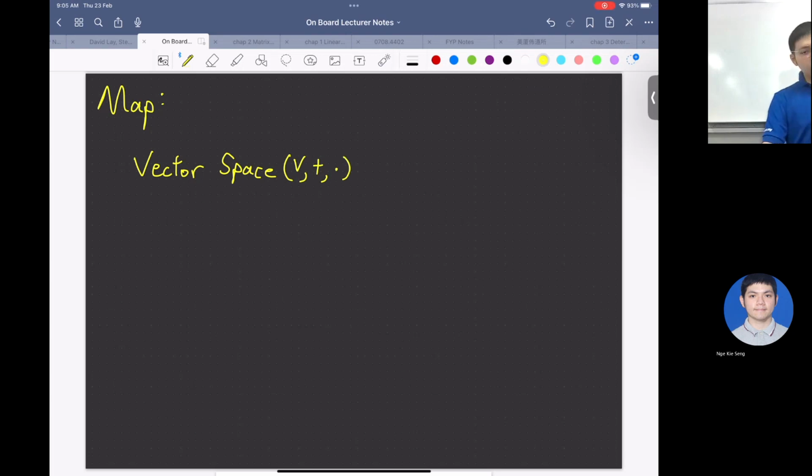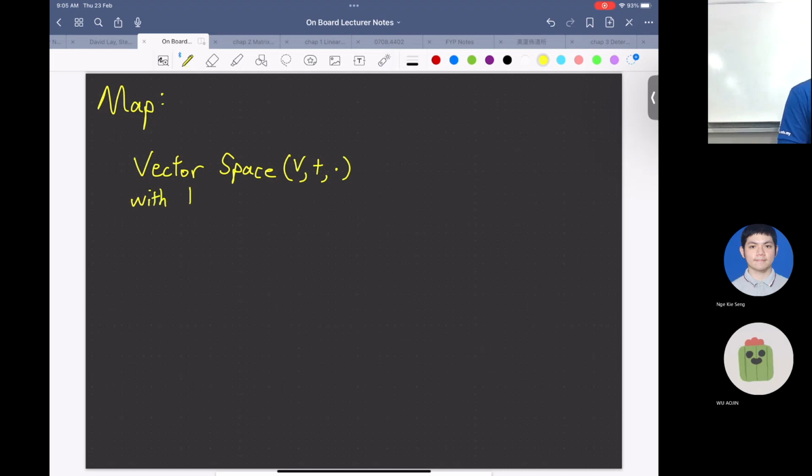Yesterday or the day before, we found that we can find a set of bases in a vector space. If we can find finitely many, we call it a finite dimensional vector space.